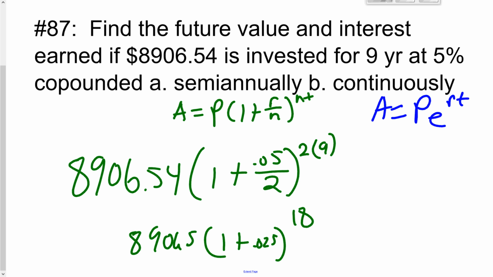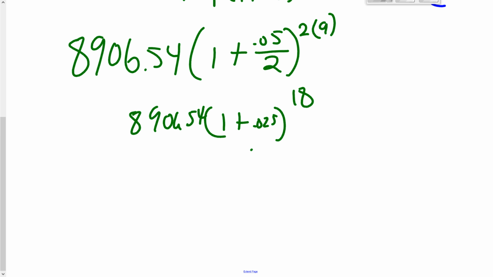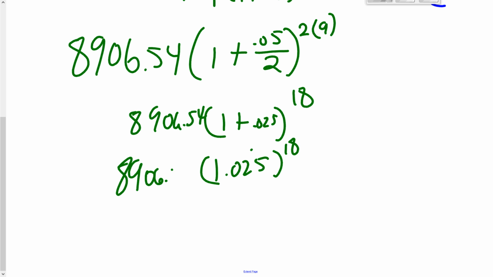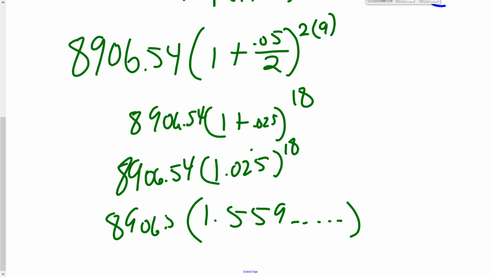And again, you could plug all this into the calculator and it'd give you the answer. So we get 1.025 raised to the 18th, and then I'm going to multiply by 8906.54. So I have 1.559 and so on, times 8906.54.